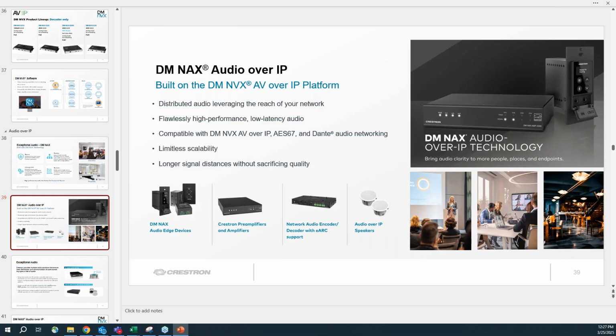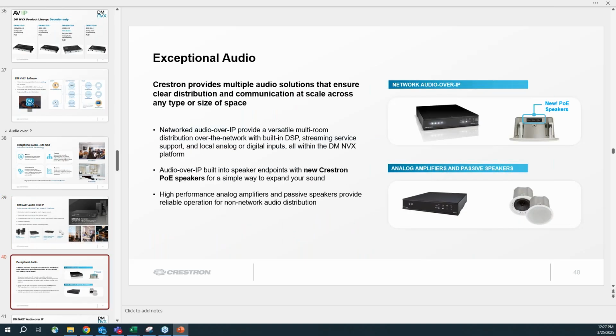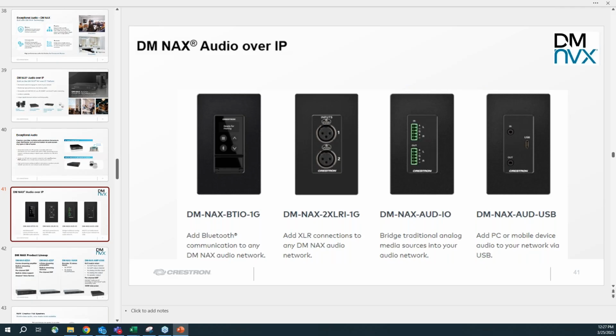So one of the unique things within our audio ecosystem, again, this is going to live in the same ecosystem as the video pieces, but we come up with different form factors, and these form factors start to have audio DSP built into them. Anybody who's been around AV deployments has generally had a standalone audio DSP built into the system.